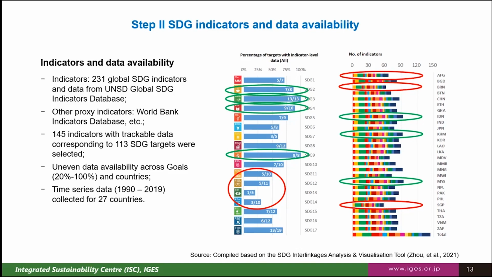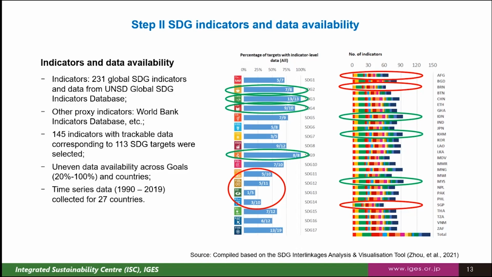As a result, 145 indicators with trackable data corresponding to 113 SDG targets were selected, and the time series data from 1990 to 2019 were collected for 27 countries.